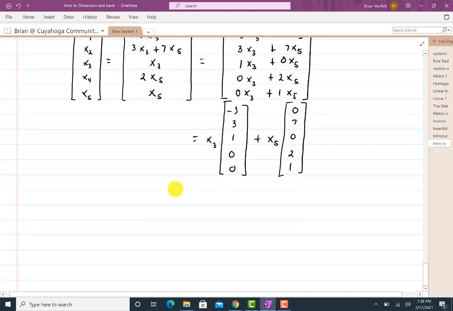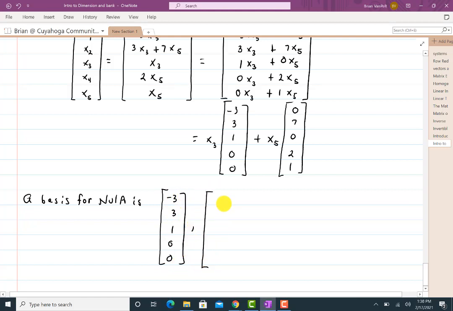So those two vectors you see there form a basis for null A. So a basis for null A is negative 3, 3, 1, 0, 0, 0, 7, 0, 2, 1.